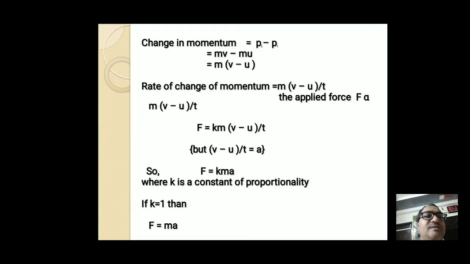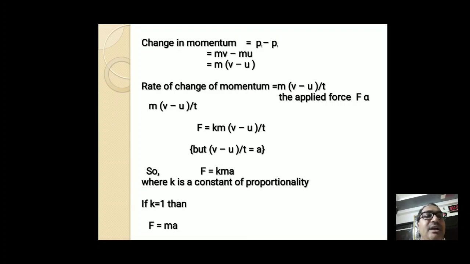Students, we have removed the proportionality sign and kept a constant k. But we know that v minus u divided by t is the value of acceleration. So instead of this last term, v minus u divided by t, we keep a.